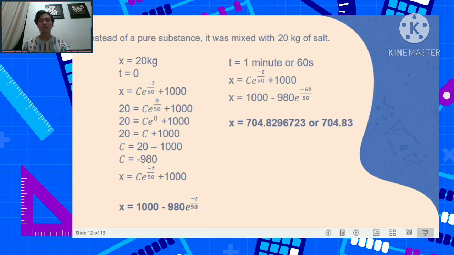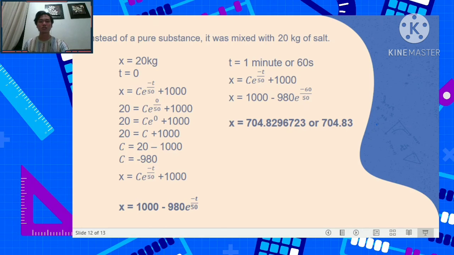We will have 20 is equal to c e to the power of 0 over 50 plus 1000. Then 0 divided by 50 is 0. Then e to the power of 0 is 1. So we will have 20 is equal to c plus 1000. Then transpose 1000, we will have c is equal to 20 minus 1000. Then c is equal to negative 980.